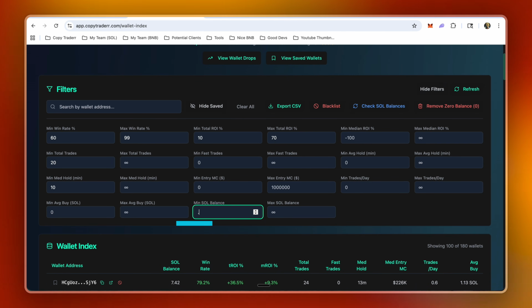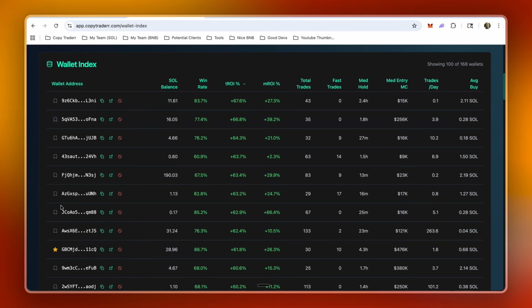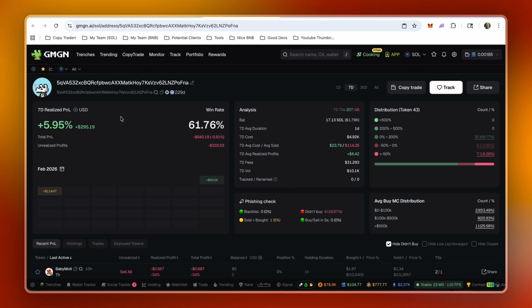And we filter out any 0 Solana balances, but I'll put a minimum Solana balance of 0.15 or 0.1, and that's it. I'll sort by total ROI. I'll know which wallets I have or haven't checked based on the ones that are tagged, and I'll just start to open new wallets to see if there's anything that I like.